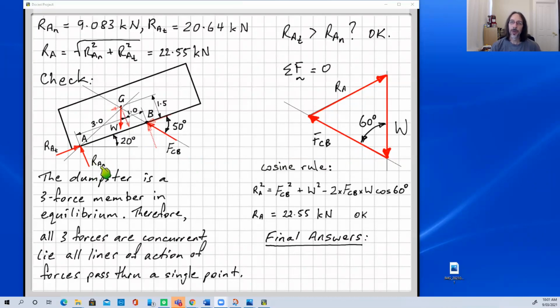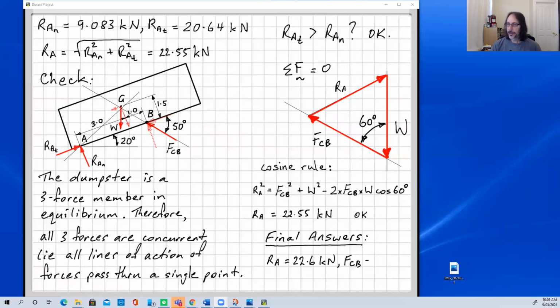It would still have been one equation and one unknown if we'd taken moments about point B. So again, that's another exercise for you to do. Just go back and start the problem again, and take moments about point B instead of point A and solve for your unknowns.